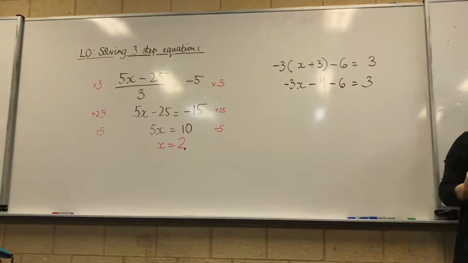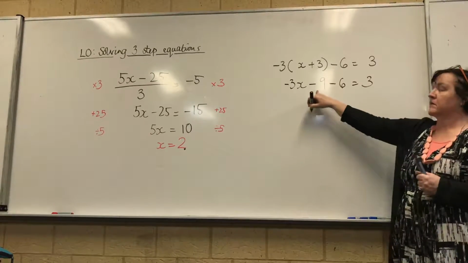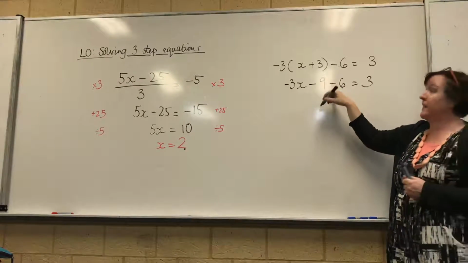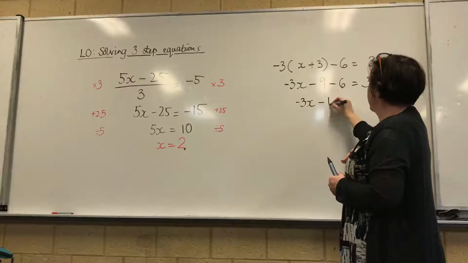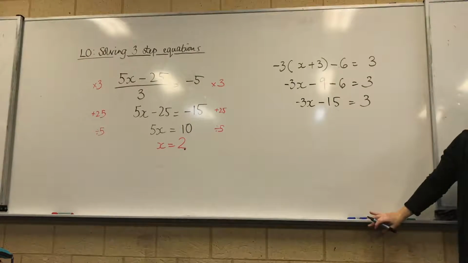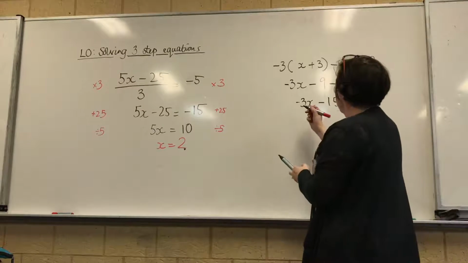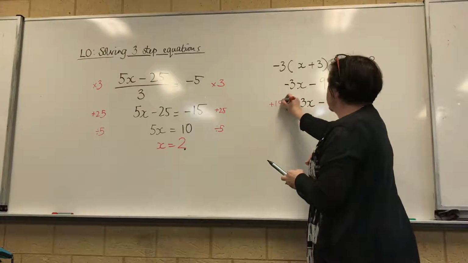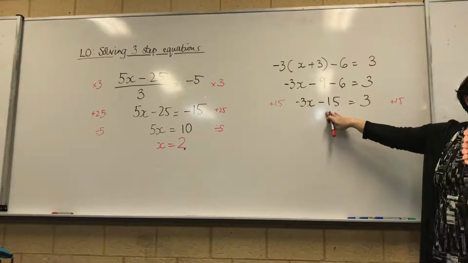What do I do then? Simplify the constants. So it's negative 3x, take 15 equals 3. Get rid of the constant. So here I am going to add 15 to both sides, which is the inverse of take 15.